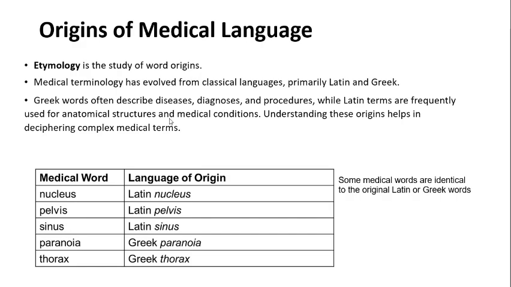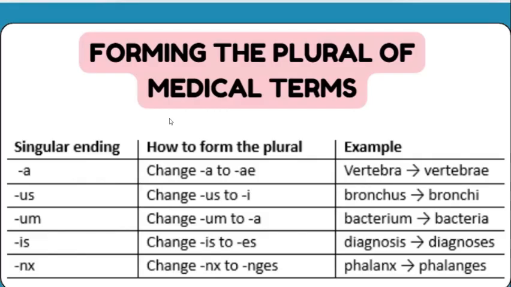However, I think it's also important to know that when we're talking of medical words, we also have expression of these words from singular to plural. How do we form plural words in the medical field?